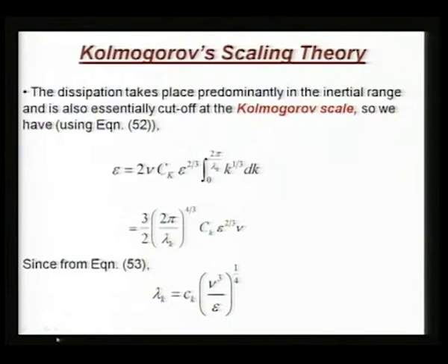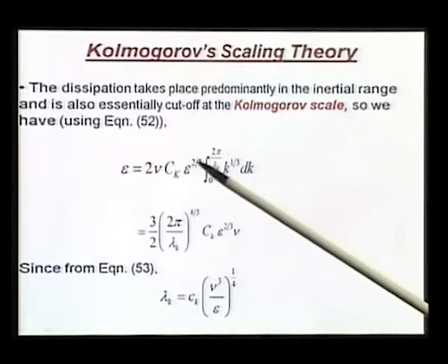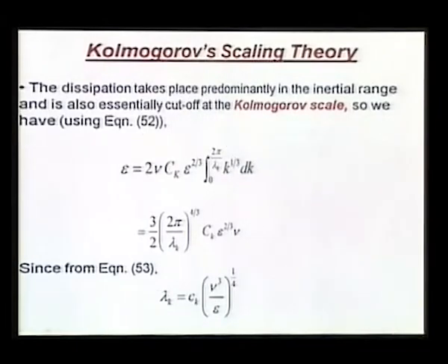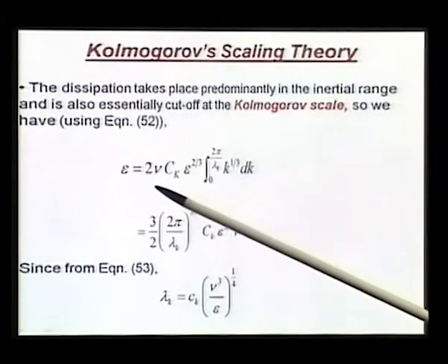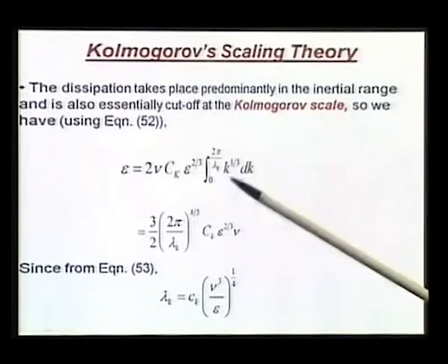We can play around with all these numbers that we have seen, and epsilon, we can use this previous equation that we can now talk in terms of the range where it is becoming important. So, d of k we have obtained. So, I substitute d of k expression here and integrate over all possible k, and k now goes from 0 to 2 pi by lambda k, that is the Kolmogorov length scale, and I get this.